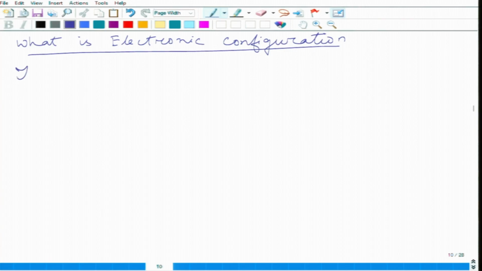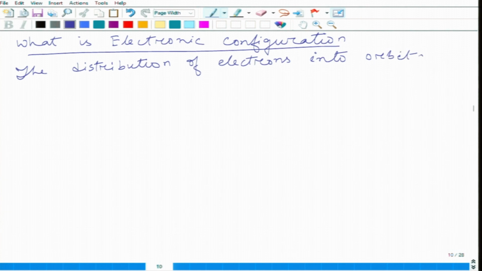It is the distribution of electrons into orbitals of an atom.